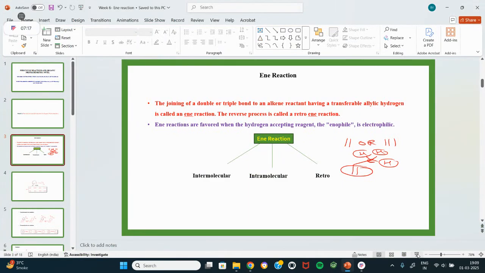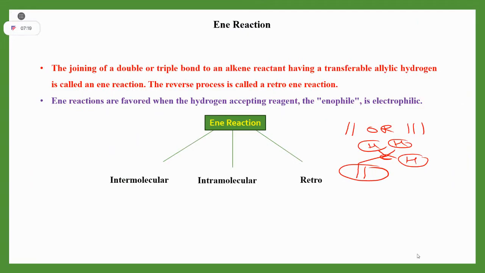Okay, so let's start today's class. In the last 5 minutes, I have discussed the ene reaction. Basically, ene reactions are joining of a double or triple bond to an alkene having allylic hydrogens, right? This reaction can be seen like your Diels-Alder reaction. One will be your ene, another will be your enophile.